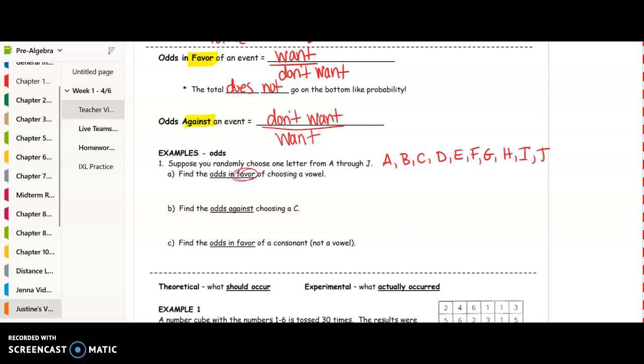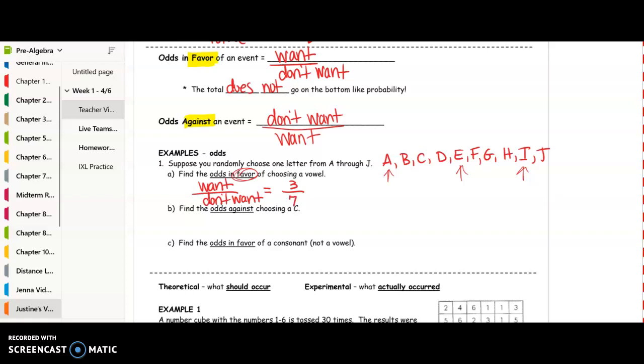So if we look at our vowels, we have 1, 2, 3 vowels. Okay, so the odds in favor, remember, is what we want to occur, and then it's not over the total, it's over what we don't want to occur. So there's 3 vowels, and there's 1, 2, 3, 4, 5, 6, 7 that are not vowels.